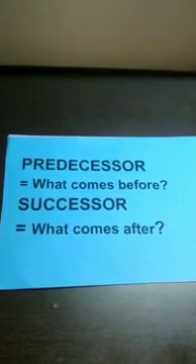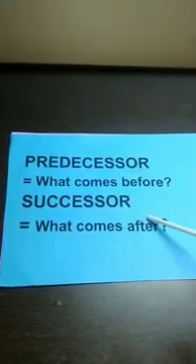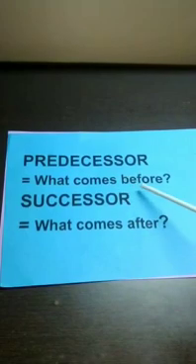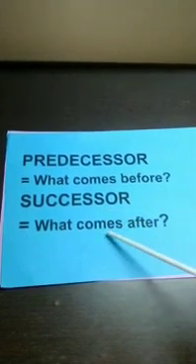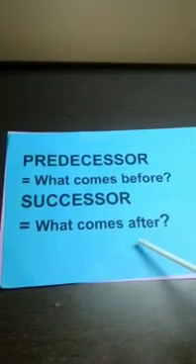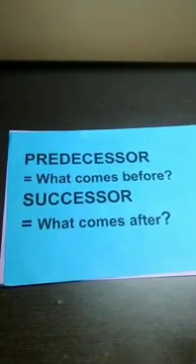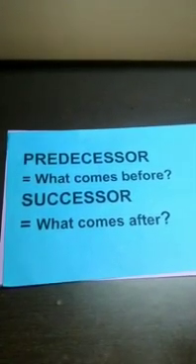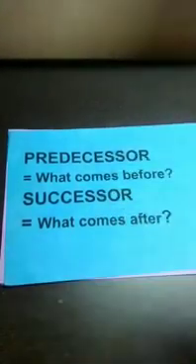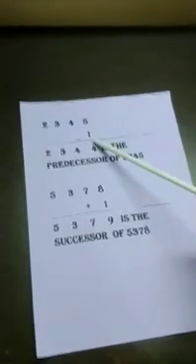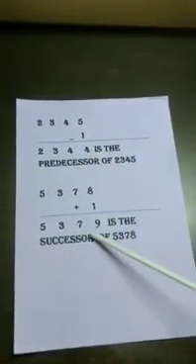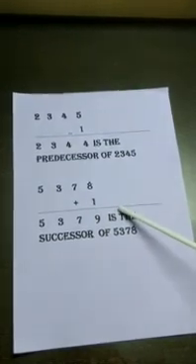You are aware of the terms predecessor and successor. Predecessor means what comes before and successor means what comes after. For 2 or 3 digit numbers, it is easy to calculate, but for greater numbers, you must subtract 1 to find the predecessor of the number and you must add 1 to find the successor of the number.